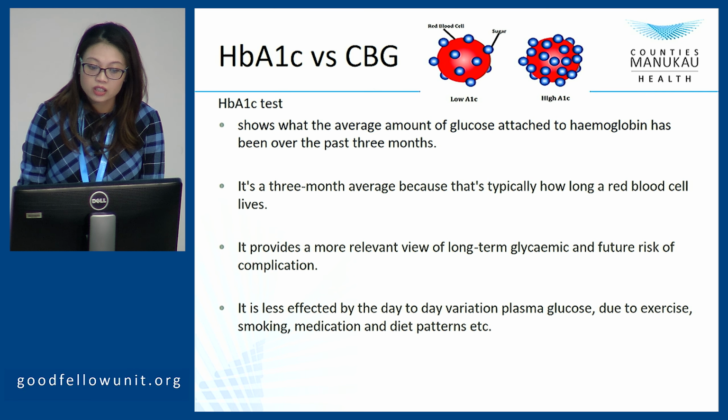So everyone knows that HbA1c reflects the average amount of glucose attached to the hemoglobin over the past 3 months, and it provides a more relevant view of long-term glycemic control and future risk of complications. However, it's less affected by the day-to-day variation in plasma glucose due to exercise, smoking, medication, and diet patterns.